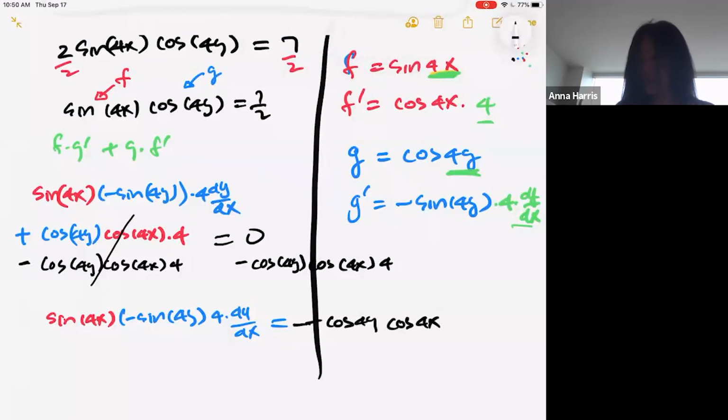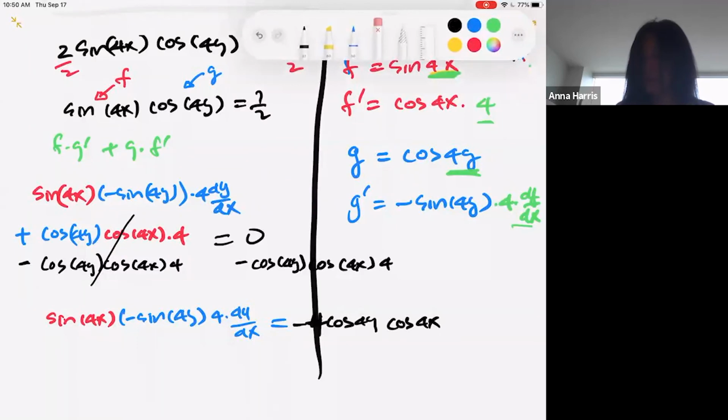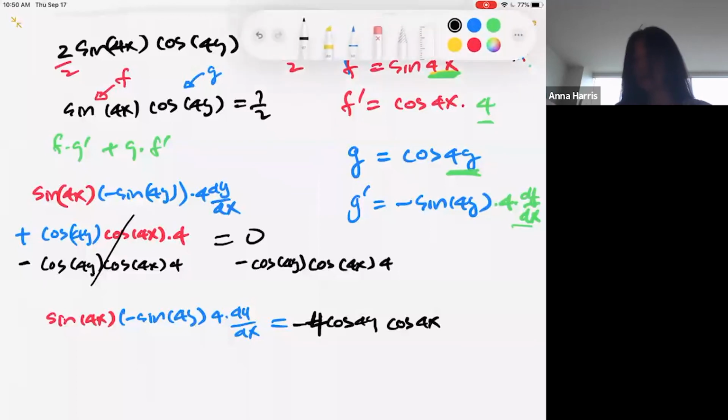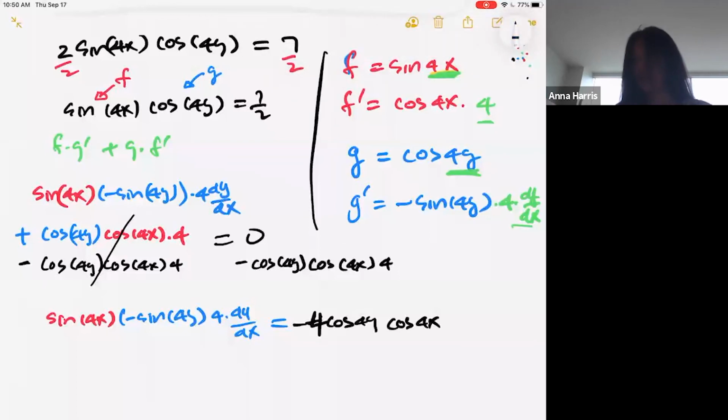Can I put the 4 in the front now? So now I'm pretty much done. This 4 and that 4 cancel out.